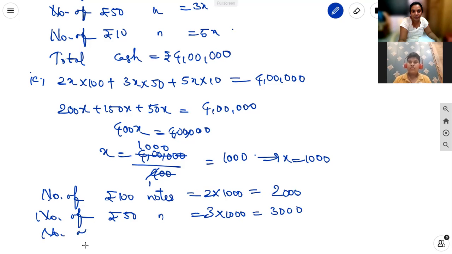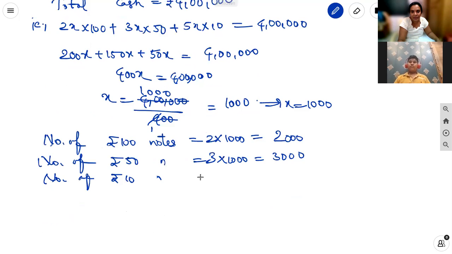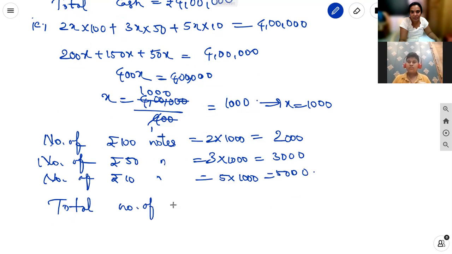Number of 10 rupee notes equal to 5 into 1000, 5000. So the total number of notes equals 10,000 notes.